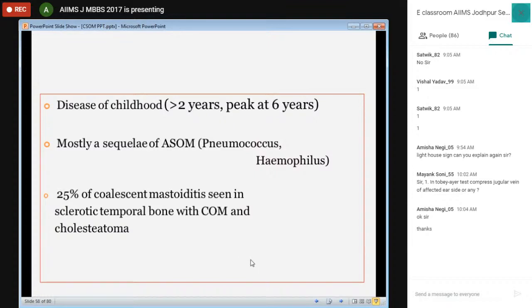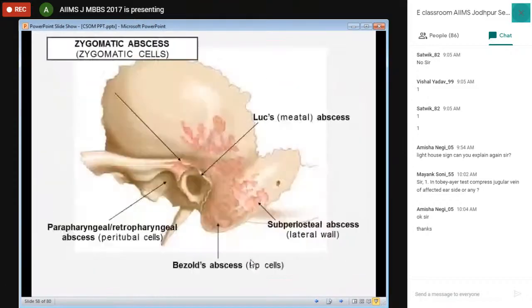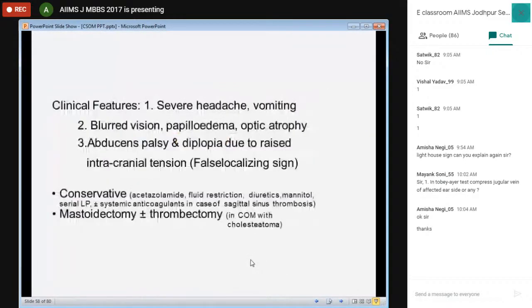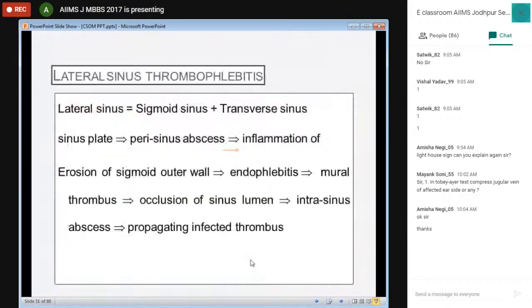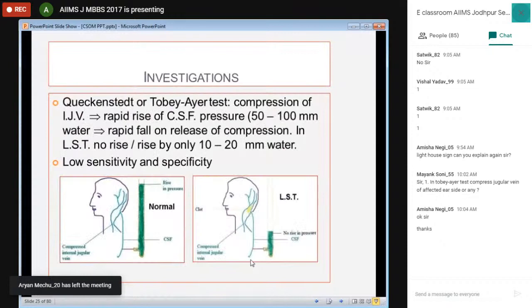No. In the Tobey-Ayer test, we compress the IJV, the internal jugular vein, which is connected above to the dural veins, the sagittal sinus, all these sinuses.